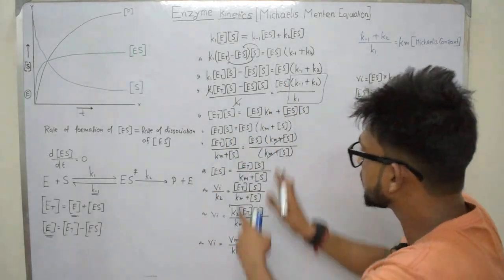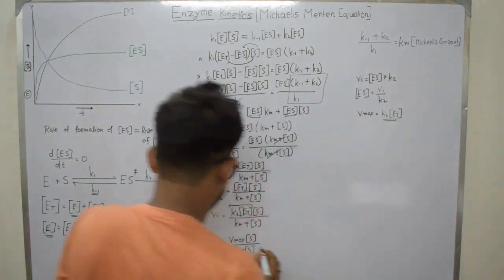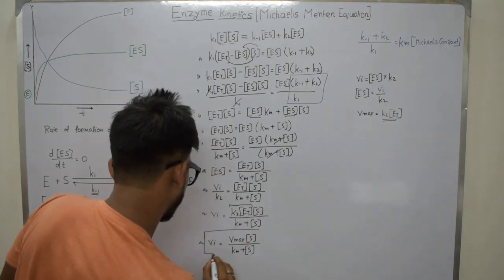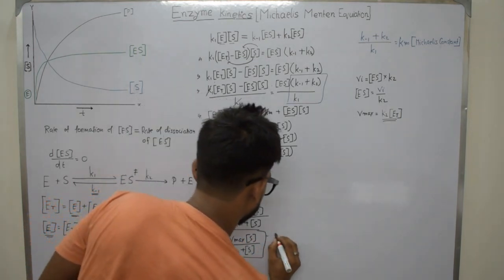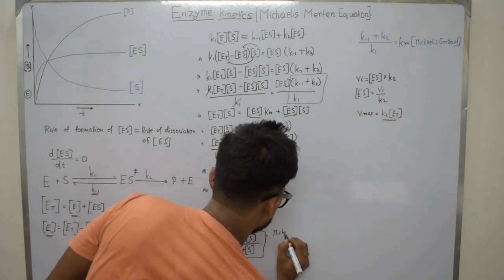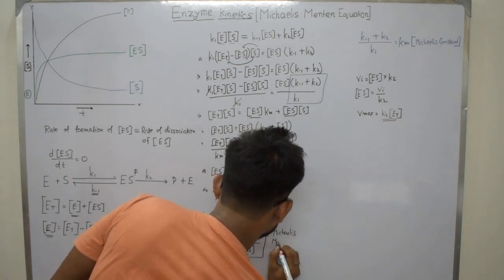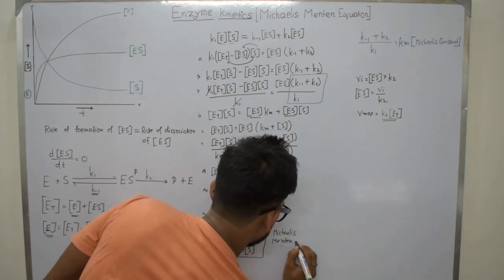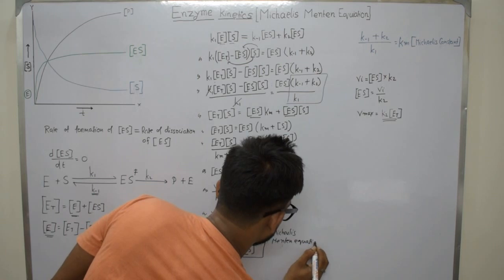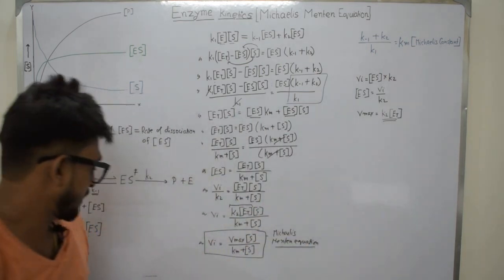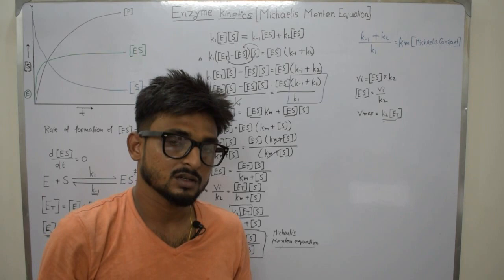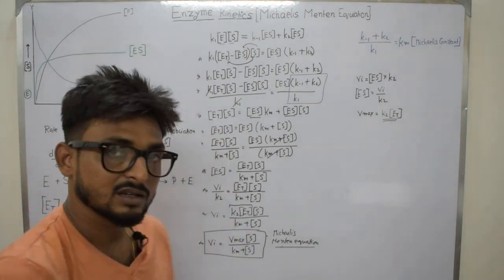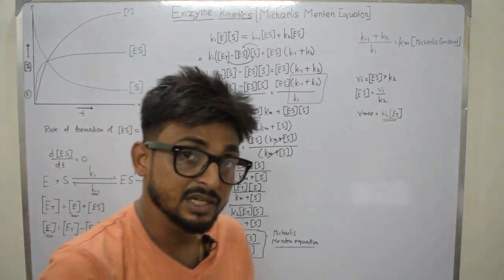So this is how the equation is derived. So this is called the Michaelis-Menten equation. So from this equation we can also calculate, or we can also see what is the meaning of Km.